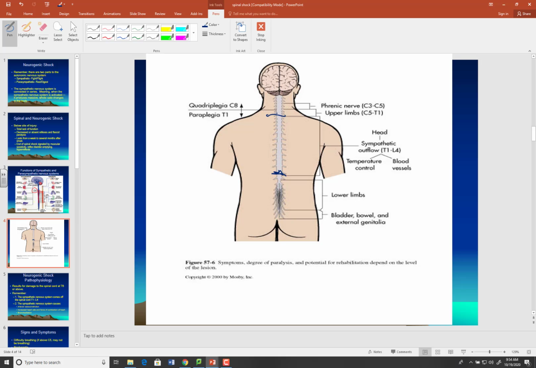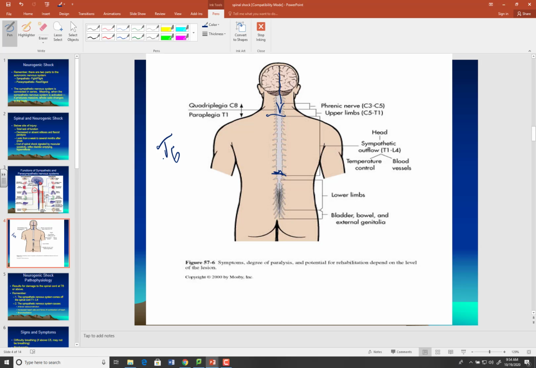So if you have a spinal cord injury, typically above T6, then the brain cannot communicate with the sympathetic nervous system. So a spinal cord injury, regardless of how it's caused, if there is damage or inflammation or compression of the spinal cord above T6, then the brain cannot communicate with the sympathetic nervous system.